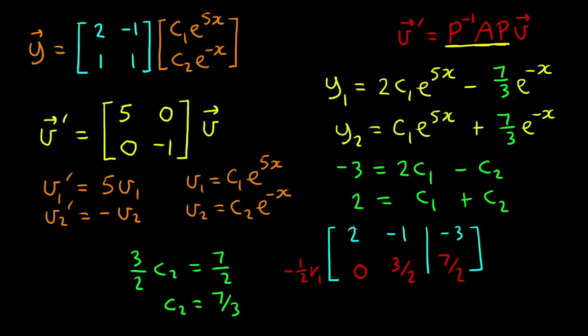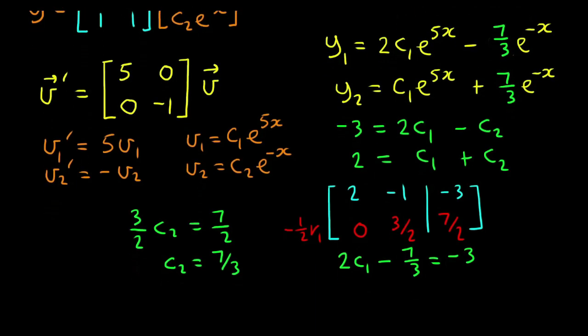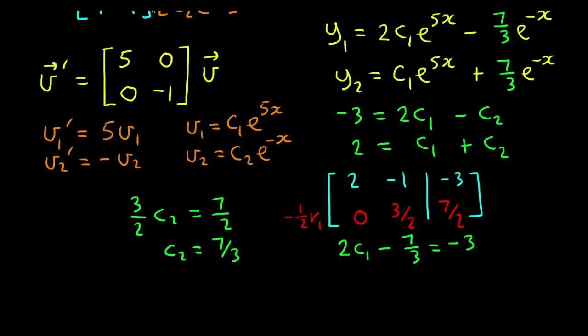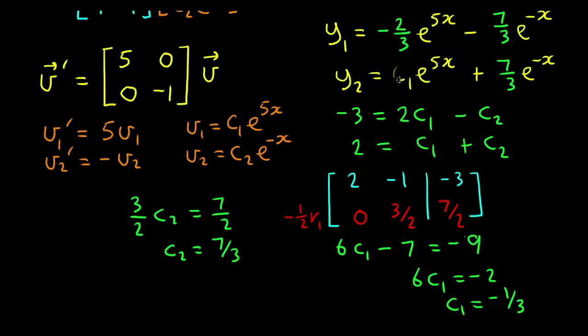And from the first equation, we have 2C1 minus C2, which is 7 on 3, is equal to -3. So if we multiply through by 3, we get 9 and 6. So 6C1 is -2, which implies C1 is -1/3. So what we'd get is -2 on 3 here, and -1/3.